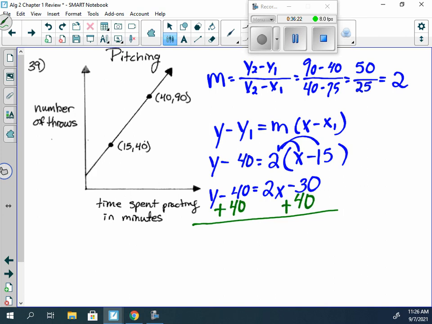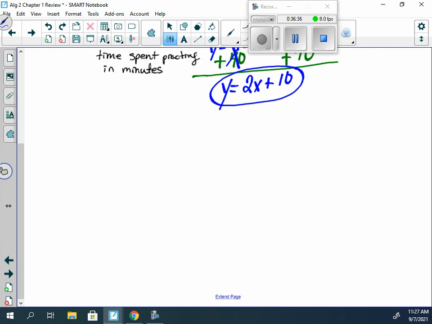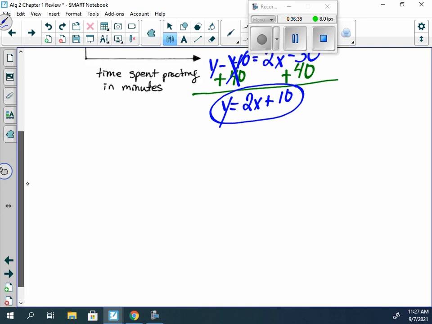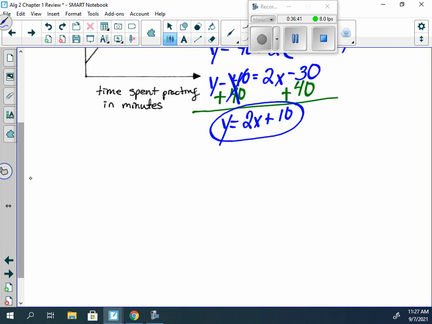We add 40 to both sides because we do want to get y by itself. Negative 40 plus 40 is 0, so y is equal to 2x plus 10. Any questions about how we found the equation of the line?